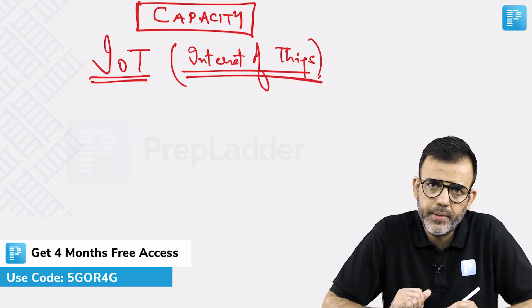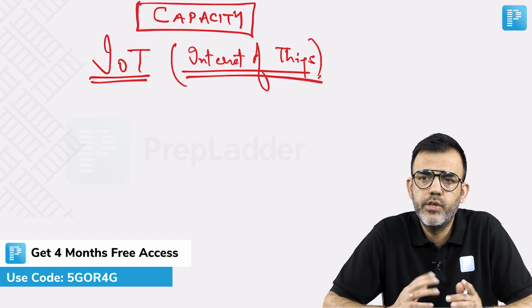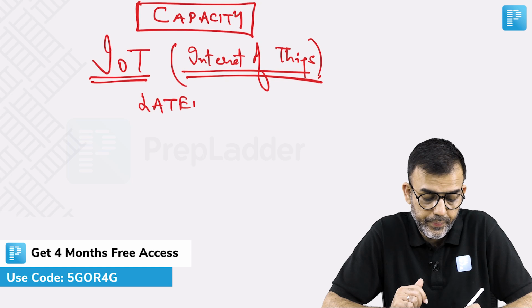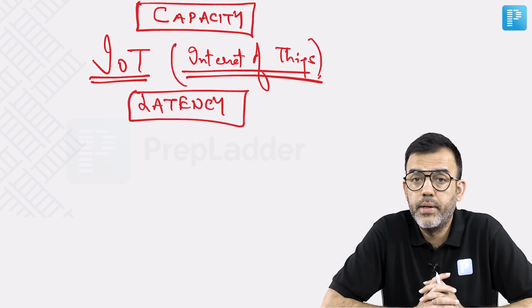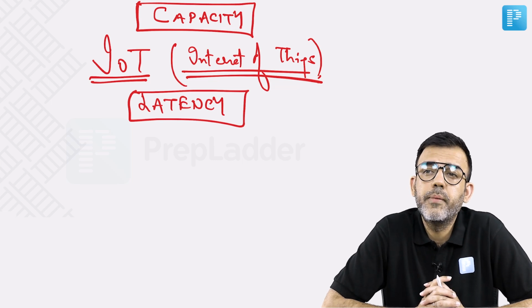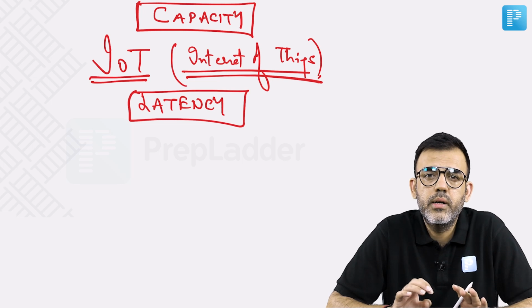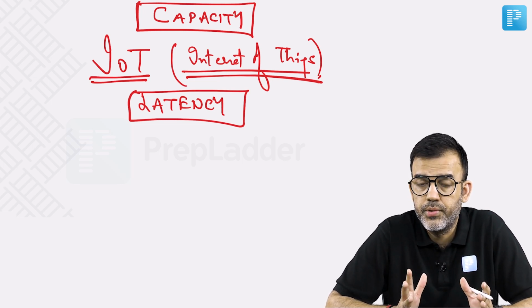The third aspect which clearly differentiates 4G from 5G is what we call latency. This is again a very important fundamental property in communication, and there is a difference between speed and latency. You should not get confused between these two terms.